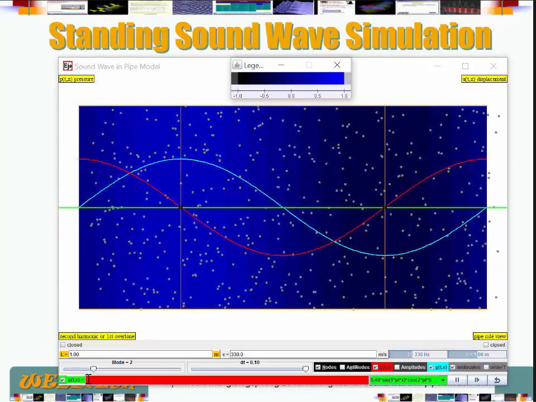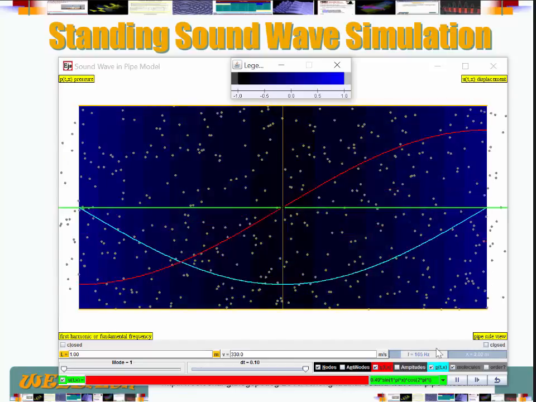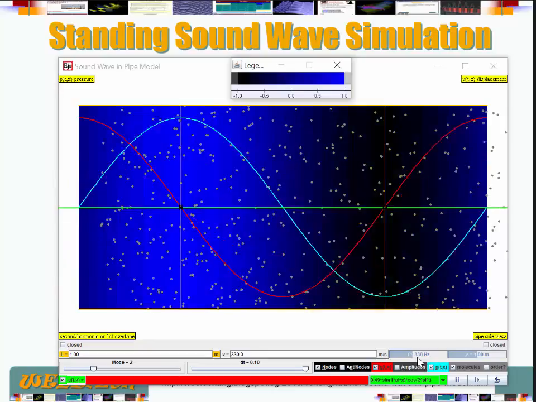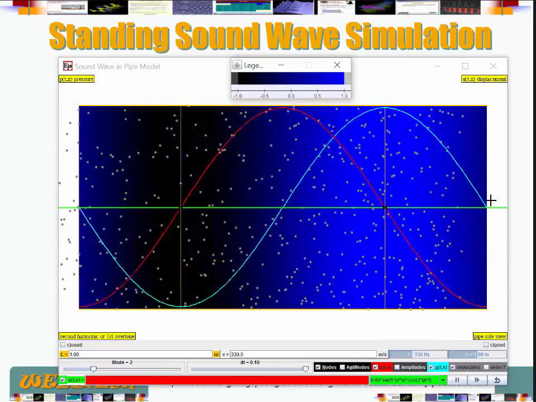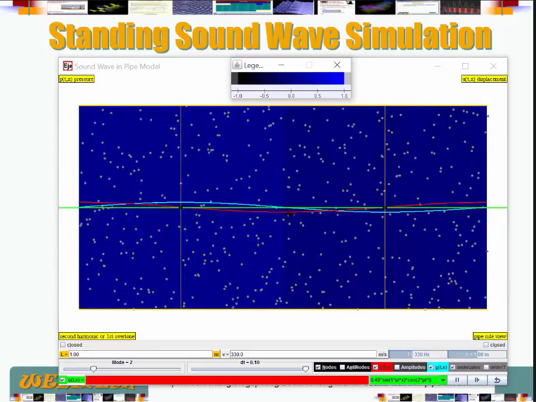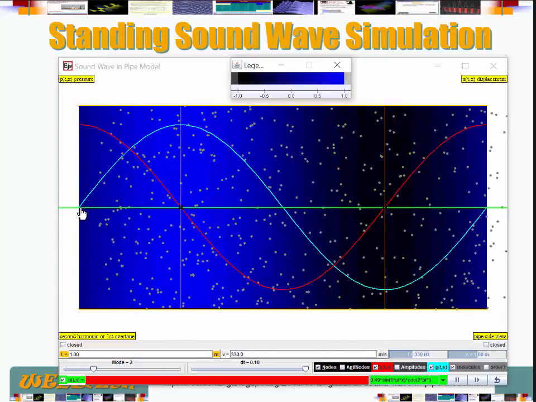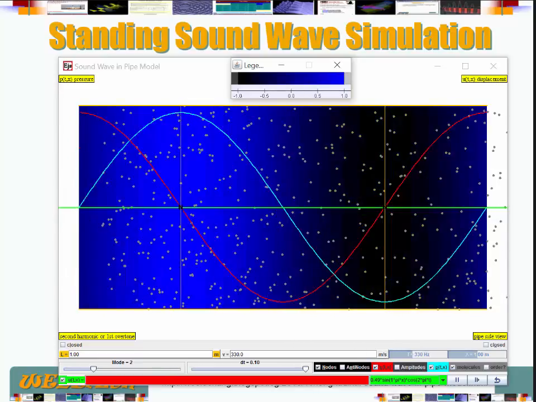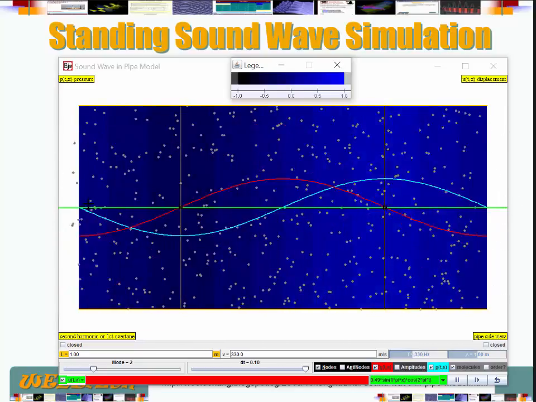Now, if I go to the first harmonic, let me go back here. Look at the frequency here. It's 165 Hertz. At the first harmonic, we have double the frequency, 330 Hertz. Again, I have a pressure node here, a pressure node in the middle, and a pressure node at the other open end. However, for displacement, I have a node here and a node here, an antinode at both open ends.